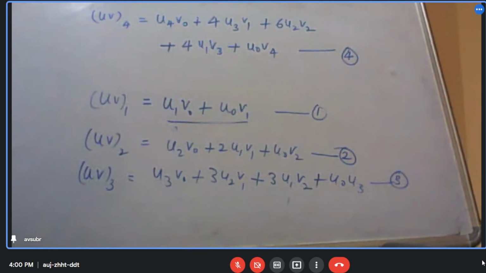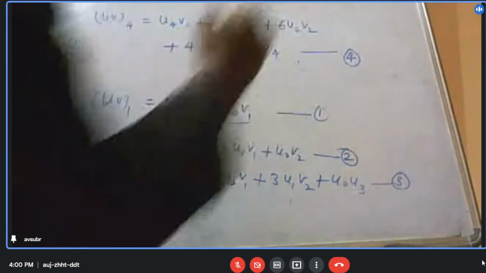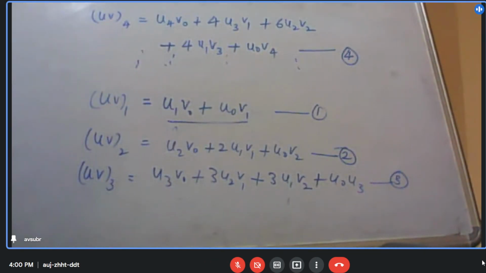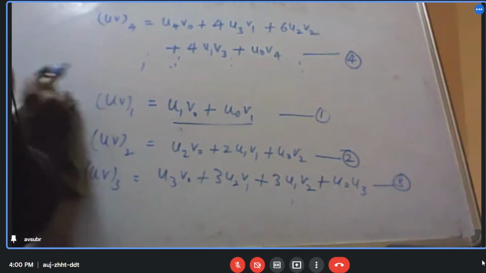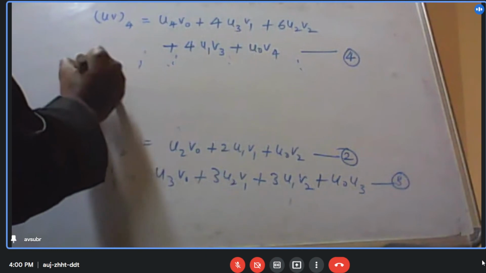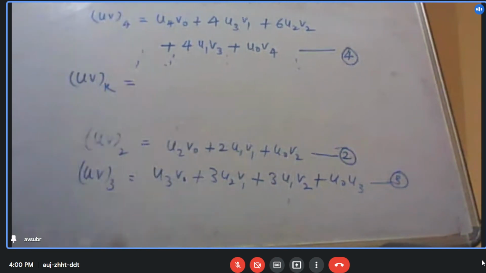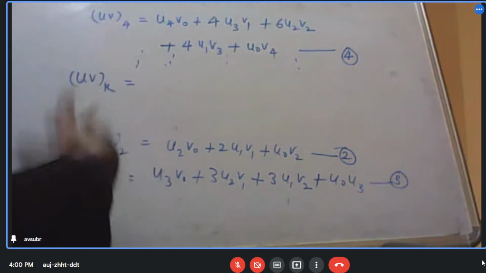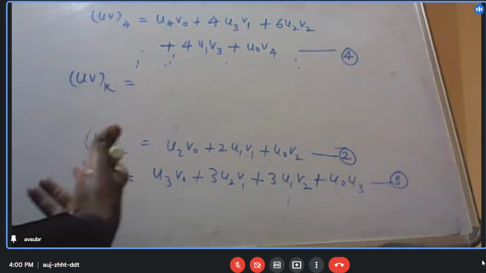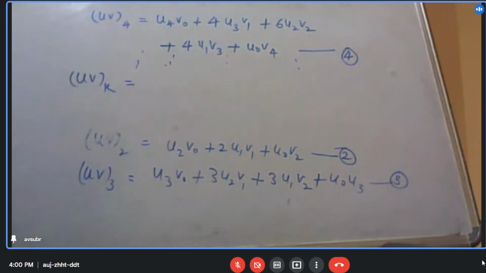If I continue like this and take any random kth derivative, let us say I want the kth derivative, then the Leibniz theorem is valid for the kth derivative.